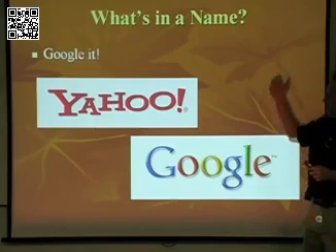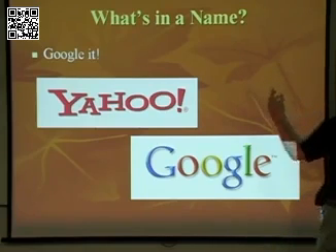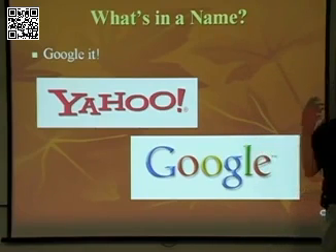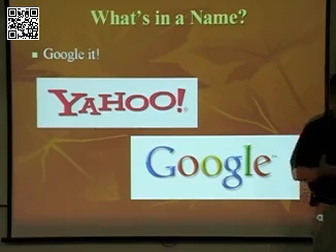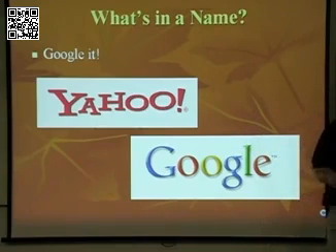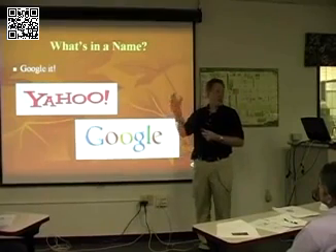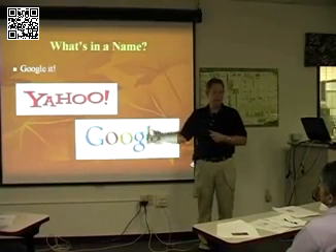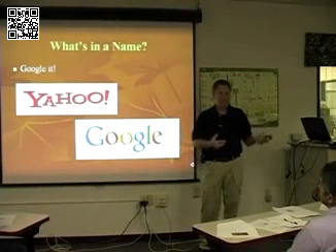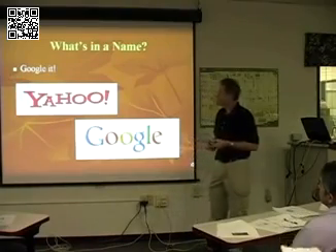I mean, companies like Google and Yahoo spend millions of dollars in advertisements so we remember Google.com and Yahoo.com and Microsoft.com and eBay.com, right? So we remember those names, okay? And so it means a lot to us, and we know what these things do, and so that's why we use names and DNS to resolve our names to IP addresses.